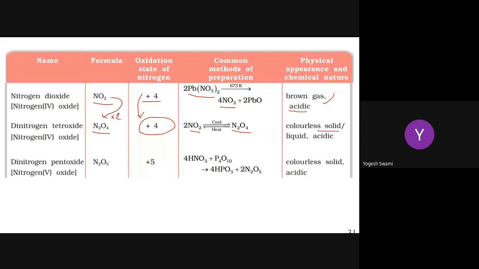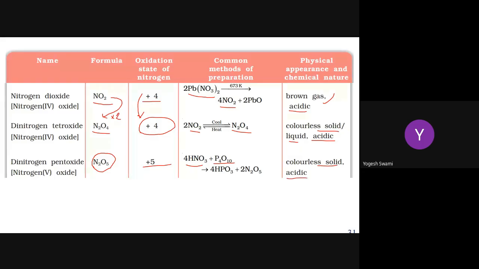Look, colorless, solid or liquid. It is acidic in nature. The last oxide of nitrogen is N2O5, dinitrogen pentaoxide. Oxidation state is +5. How is it prepared? HNO3 reacts with P4O10. It is a colorless solid and acidic in nature.